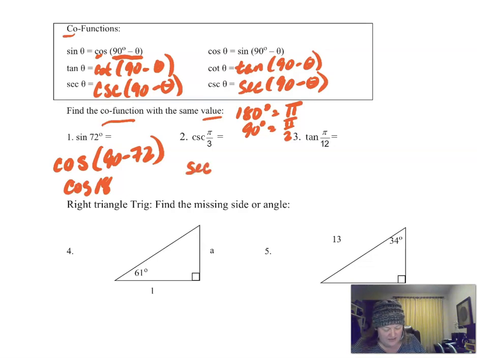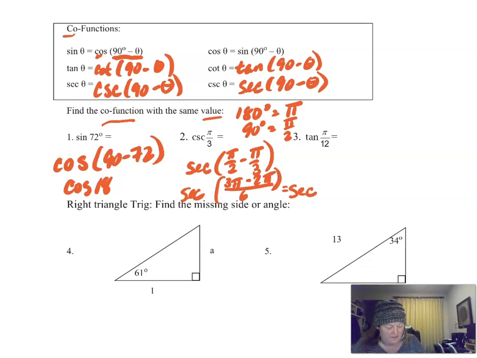I'm going to go to secant. And now I have to do 90 degrees, which is pi over 2, minus pi over 6. Okay, so now I got to do common denominators of 6's. This is going to be 3 pi minus 2 pi with a secant in front. And so if I subtract those, I'm going to get secant of 1 pi over 6.